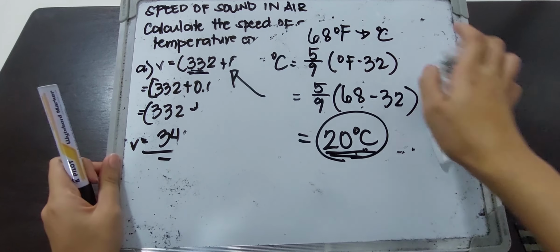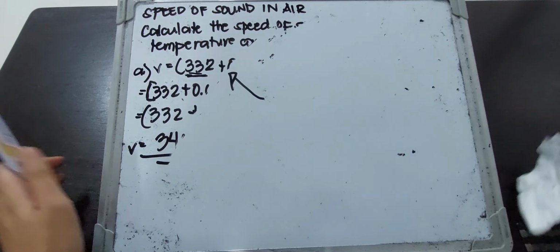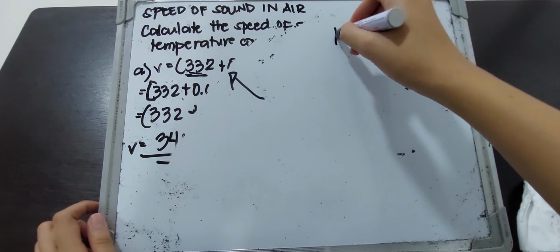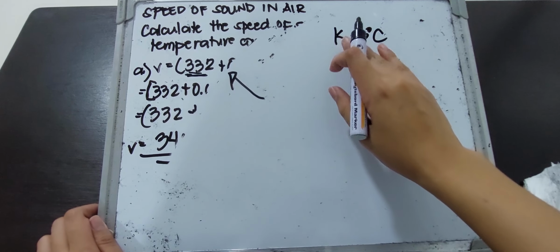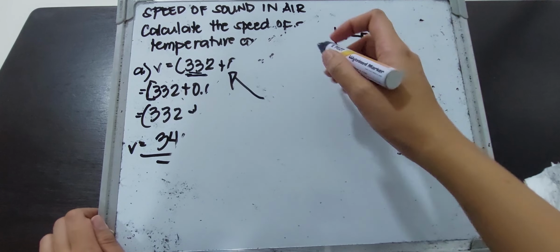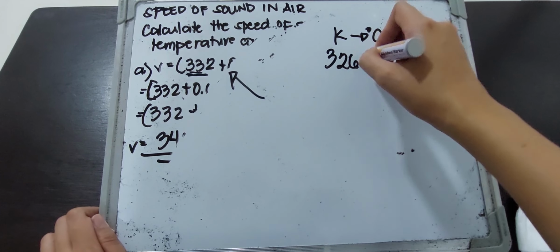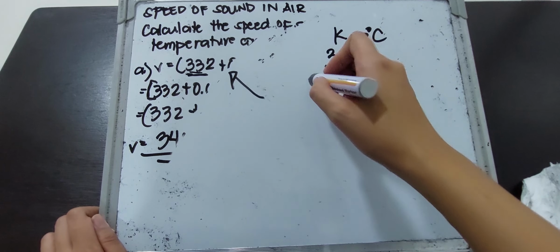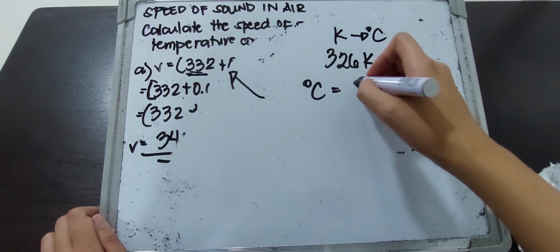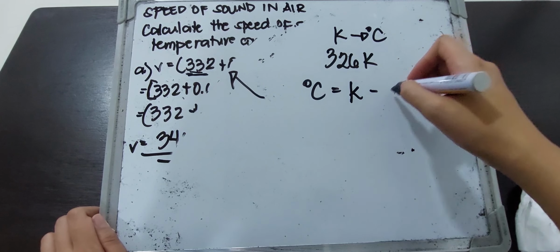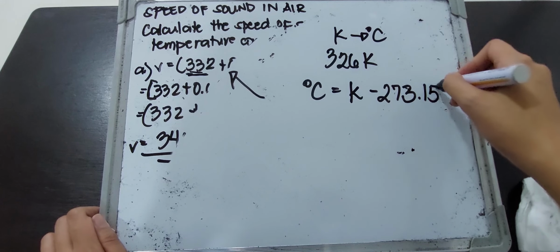For Kelvin to Celsius, Kelvin is our unit for temperature, right? So, for example, we have 326 Kelvin. For us to get the equivalent in degrees Celsius, we will just subtract 273.15.